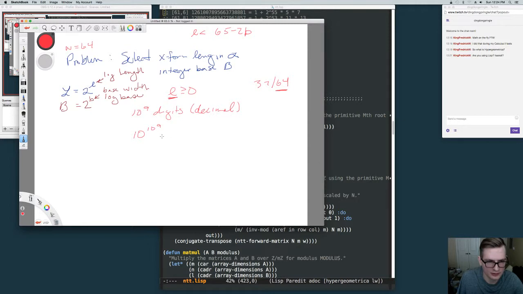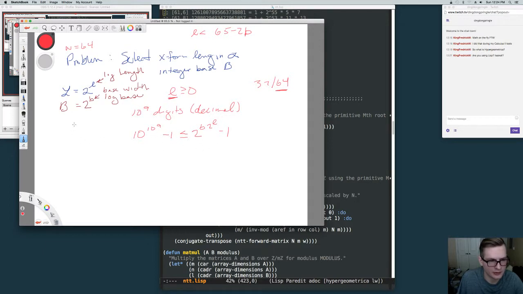Actually, 10 to the 10 to the 9 minus 1, but we'll just keep this. And the maximum representable number in our system with log base b and log length L is going to be 2 to the b, 2 to the L, minus 1. Where did I get this, by the way?